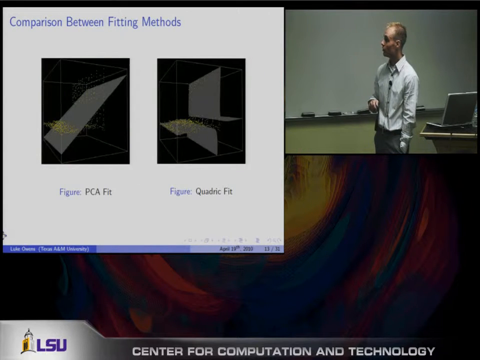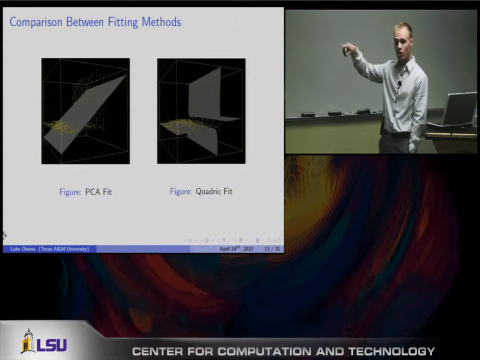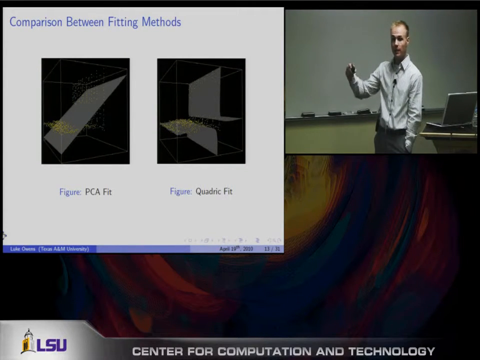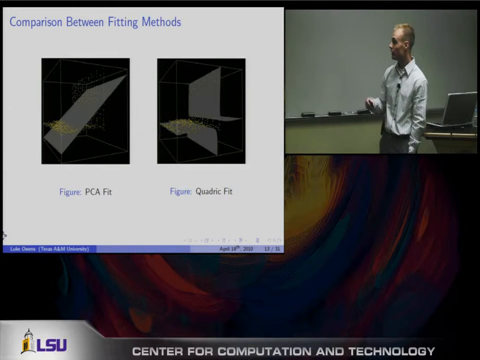So here we can do some comparison between these fitting methods. This is just that same corner of the building where you would expect a quadratic function to improve over just a linear function. So here's the PCA plane that goes through it, principal component analysis. It does exactly what you'd expect it to do. It doesn't pick up that corner. It can't curve.